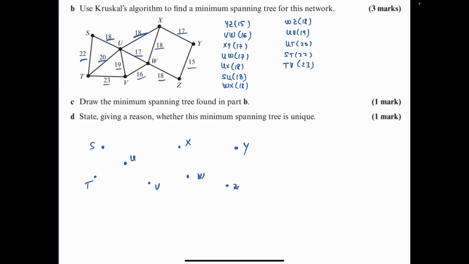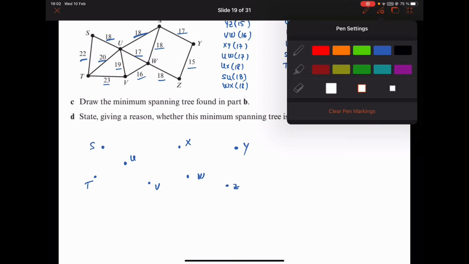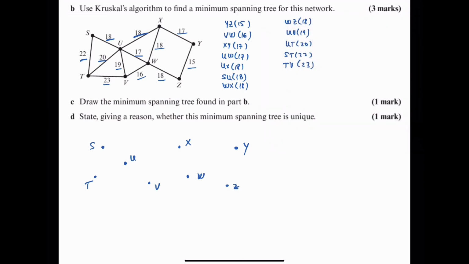Then I'm following the algorithm and choosing a different color, starting with the shortest. YZ is the shortest one, that's included. Then I have VW, XY, that's fine.